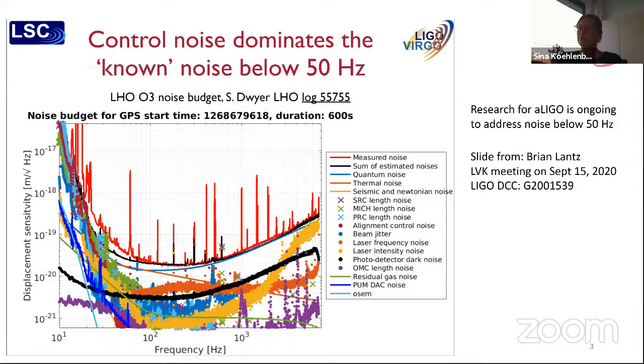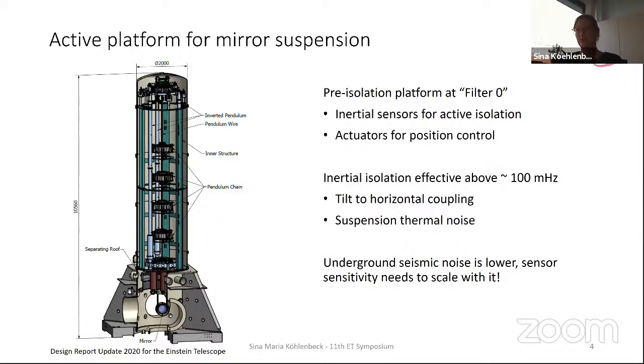If we go back to what we will have for the Einstein Telescope, we have the modified super attenuator. This is a picture of the current super attenuator in Virgo. Just a brief recap: down here we have the mirror, and then we have a chain of isolation systems of mechanical filters and pendulum wires, isolating it from the suspension point motion.